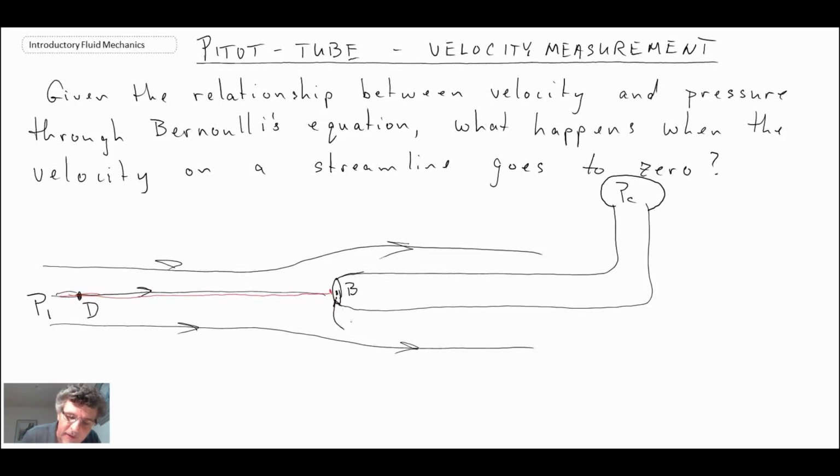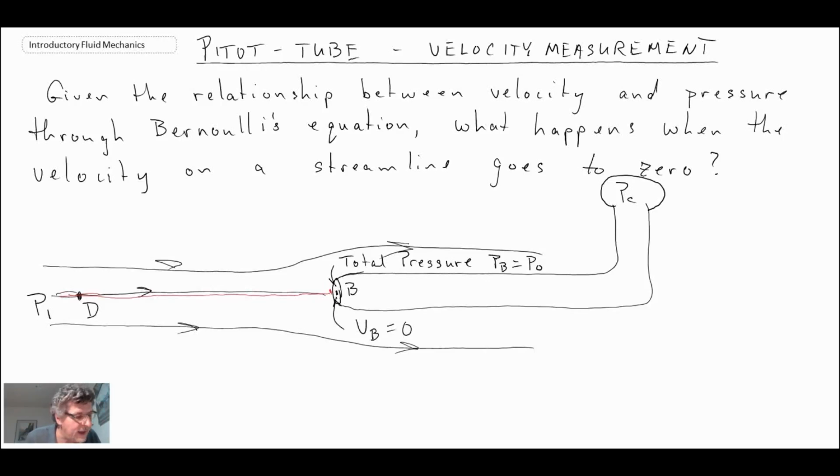But the characteristic is that the velocity at B is equal to zero. And consequently, what this pressure is measuring is what we call the total pressure in the flow. And so I'll say PB is equal to P naught. That is the way that we refer to the total pressure.